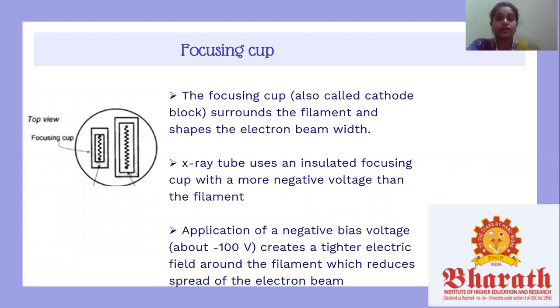It is typically composed of nickel, and the negative charge of the focusing cup helps to accelerate the electrons towards the anode. The shape of the focusing cup helps to converge the electrons onto the focal spot. Otherwise, electrostatic repulsion between the negatively charged electrons will cause them to spread out as they reach the anode, resulting in only some reaching the target.